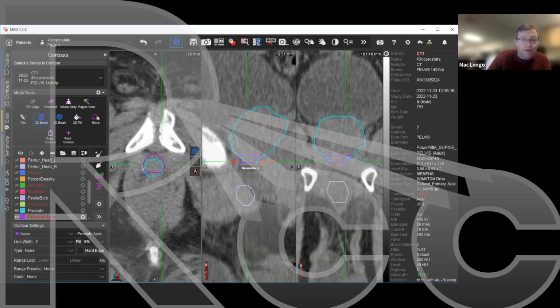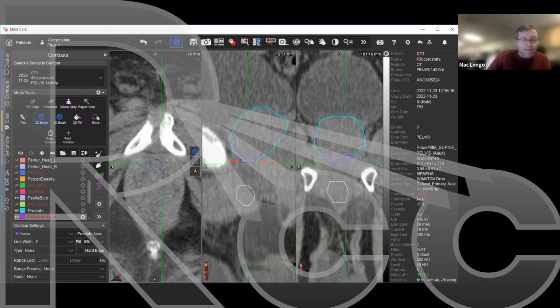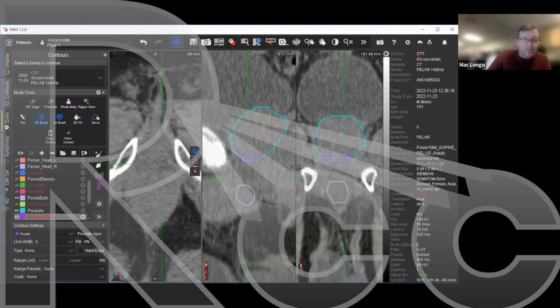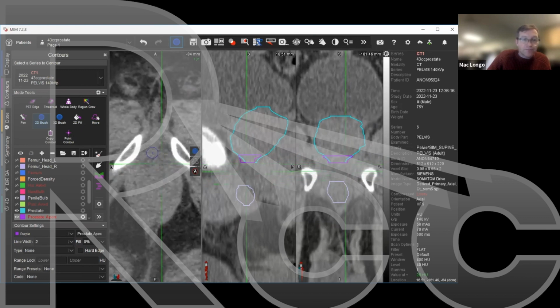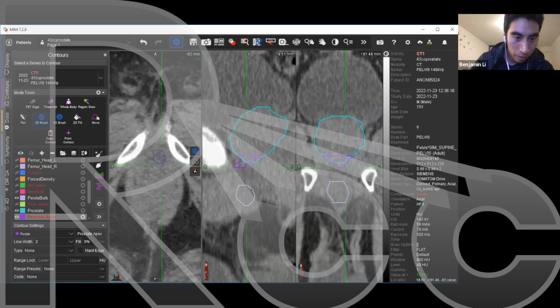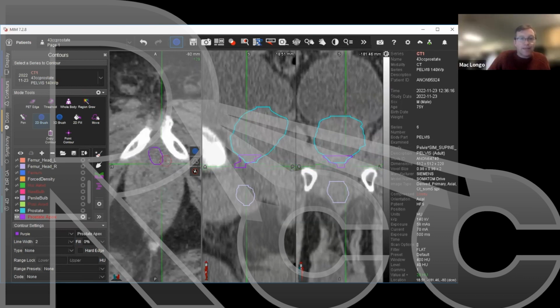But the level of where the apex was, using that method of starting with the penile bulb, seeing that loss of fat plane to demarcate the start of the GU diaphragm, looking for the urethra here, so this is not prostate apex, this is urethra coming through, and then trying to find that hourglass shape, which I think we can see here and here, helped me to delineate the border of the apex.